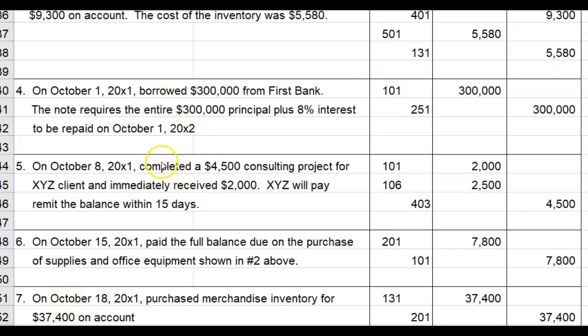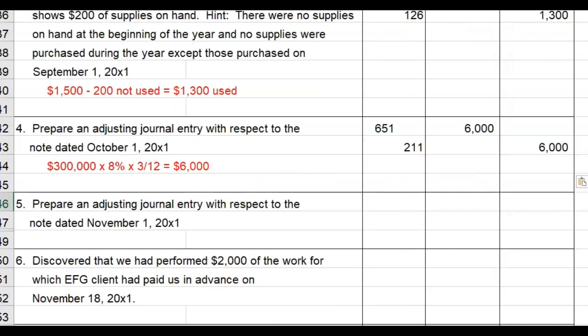Using the formula principal times rate times time, or PRT, $300,000 of principal times 8% annual interest rate times 3/12.